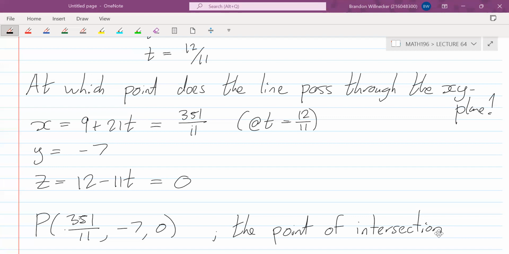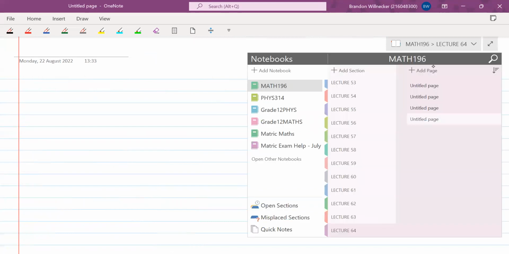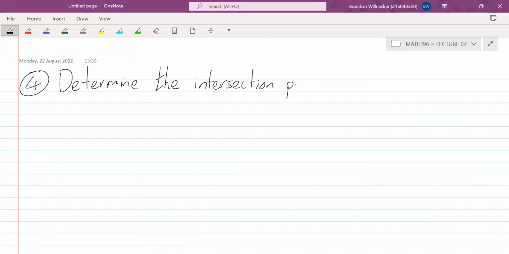Okay, let's have a look at the next problem. Problem number 4. Determine the intersection point of the lines.